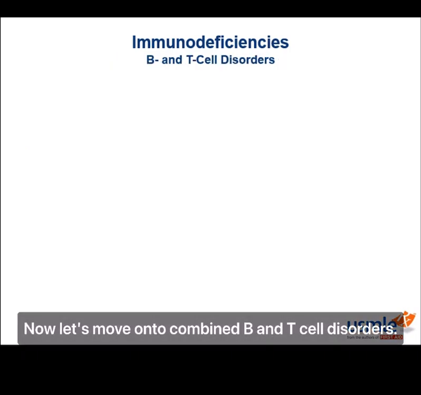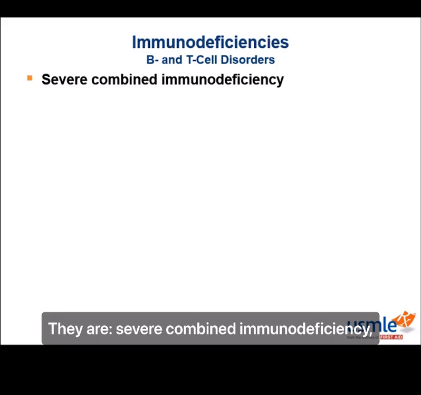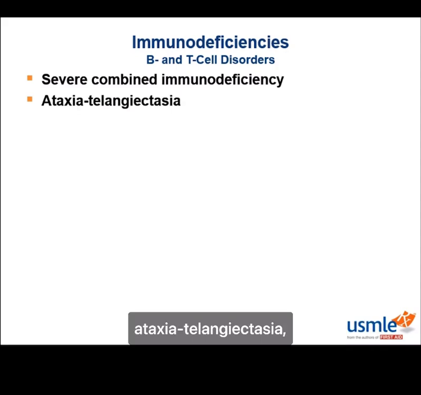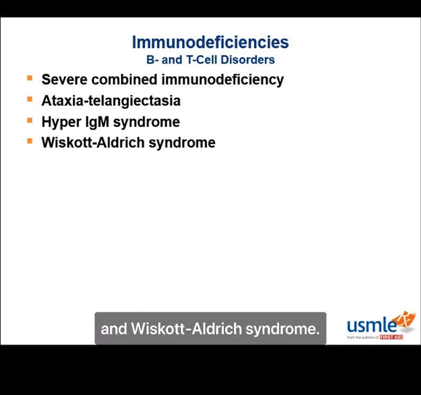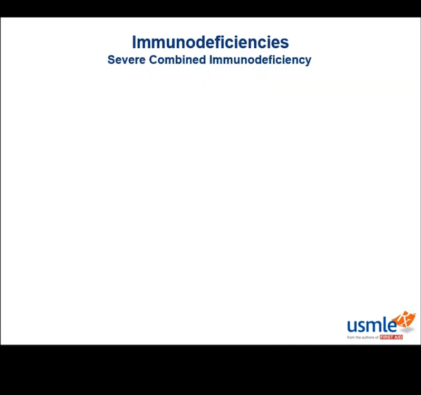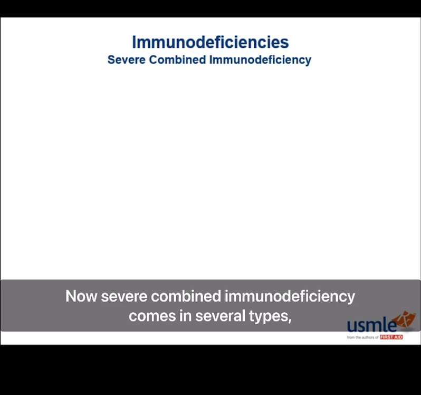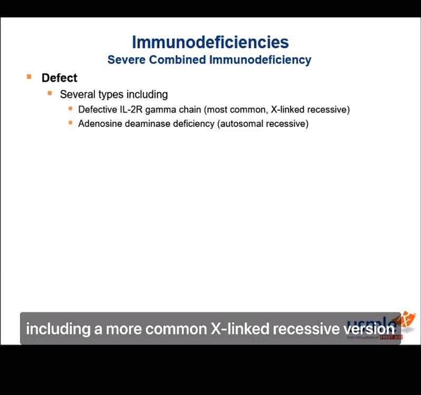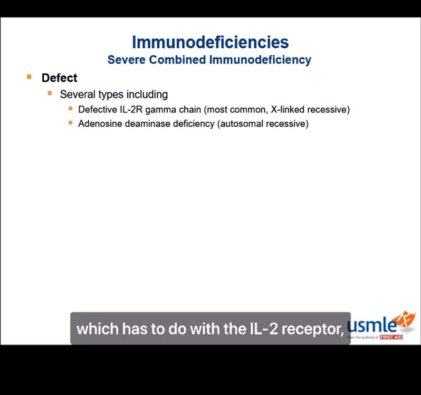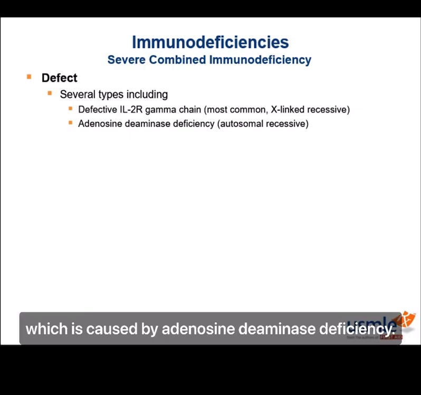Now let's move on to combined B and T cell disorders. They are severe combined immunodeficiency, ataxia telangiectasia, hyper-IgM syndrome, and Wiskott-Aldrich syndrome. Now, severe combined immunodeficiency comes in several types, including a more common X-linked recessive version, which has to do with the IL-2 receptor, and the autosomal recessive version, which is caused by adenosine deaminase deficiency.